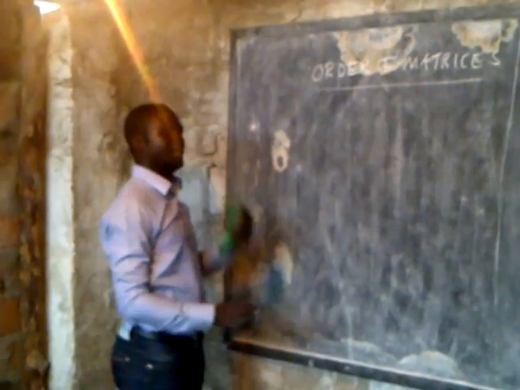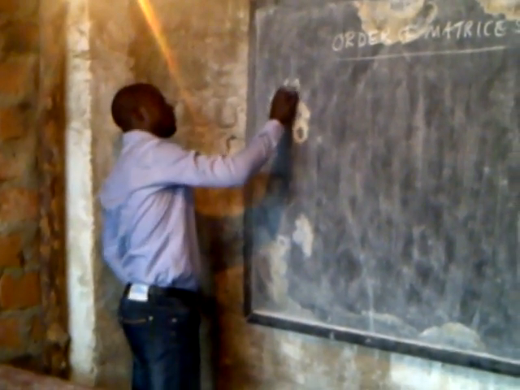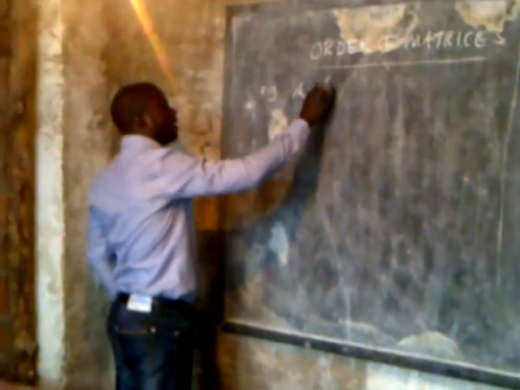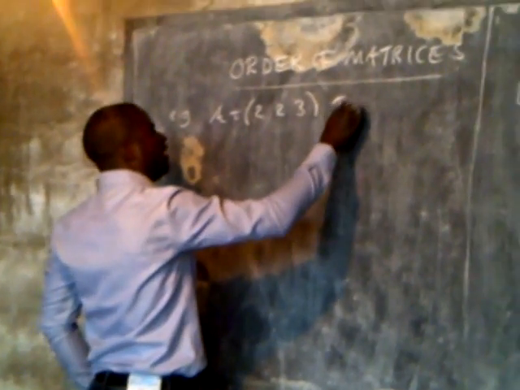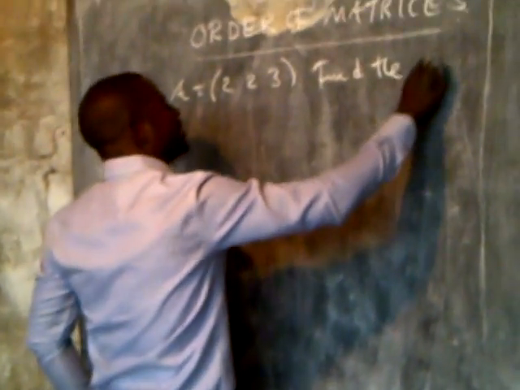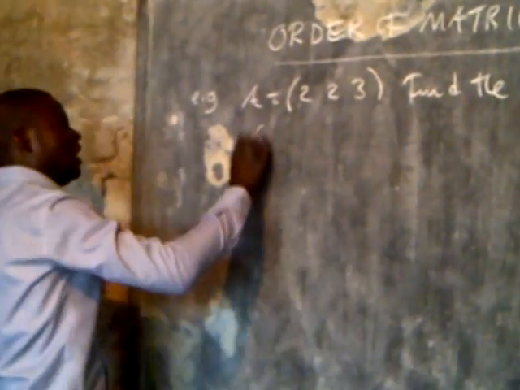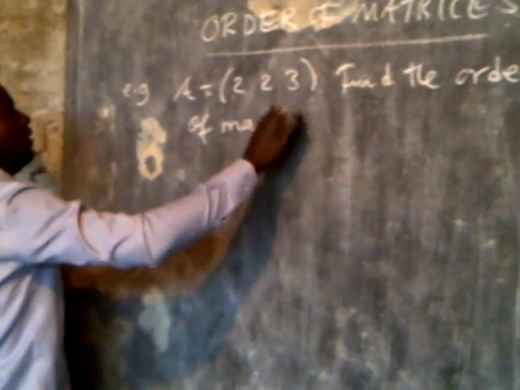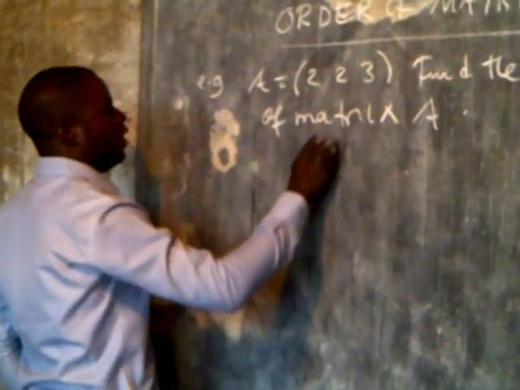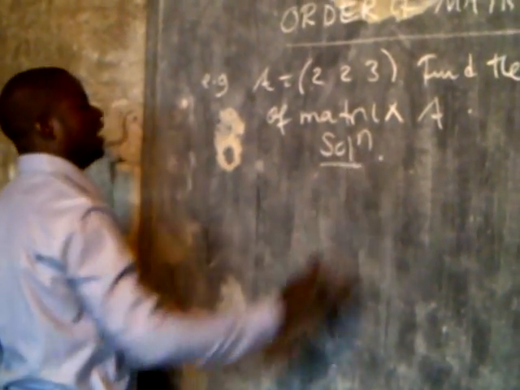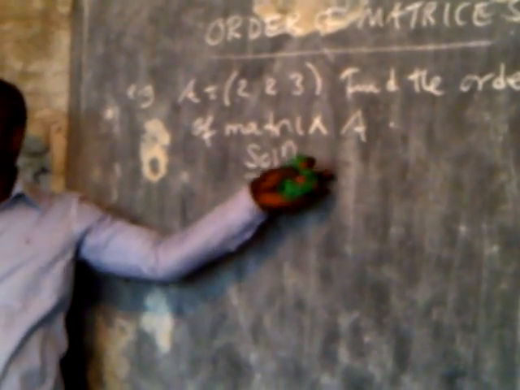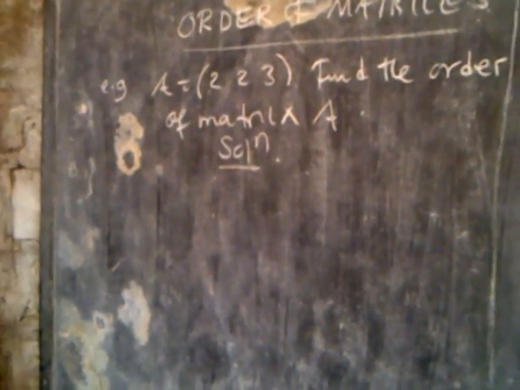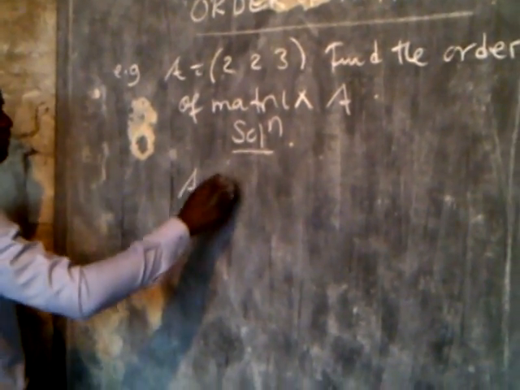For example, matrix A is 2, 2, 3, and I can say find the order of matrix A. So you write matrix A first as it is.